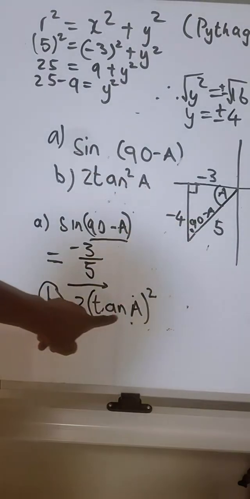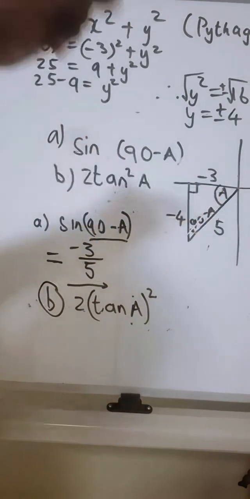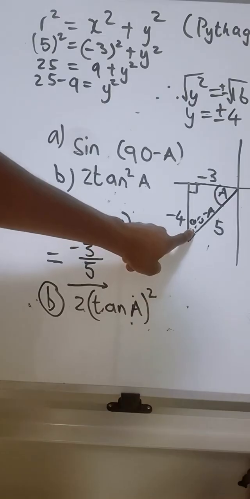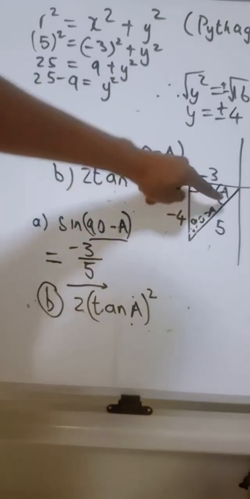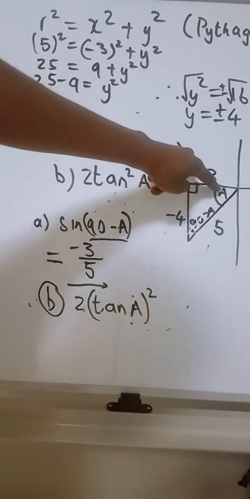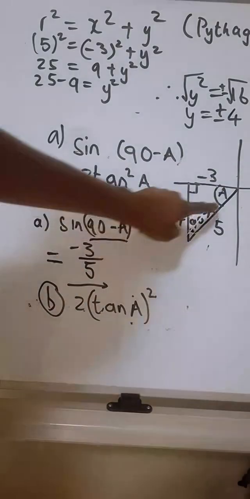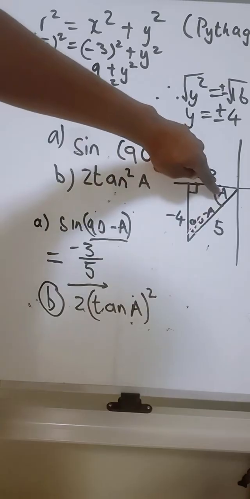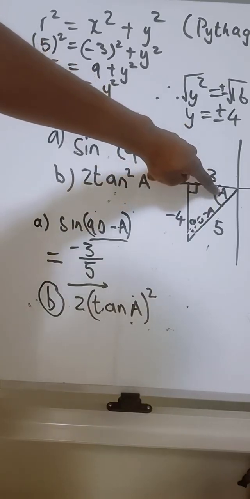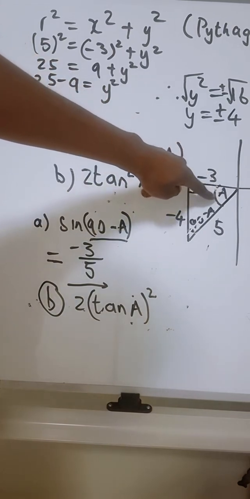So what is tan of angle A? Angle A is this one. We are no longer looking at that other angle; we are looking at this one, and reading what tan of angle A is. Tan is TOA, meaning opposite over adjacent. What is the opposite side of angle A?